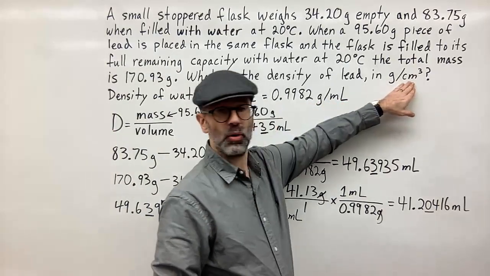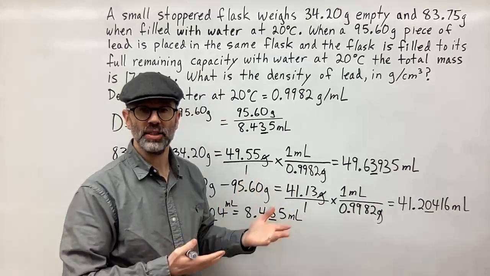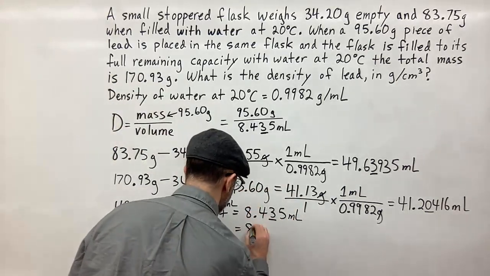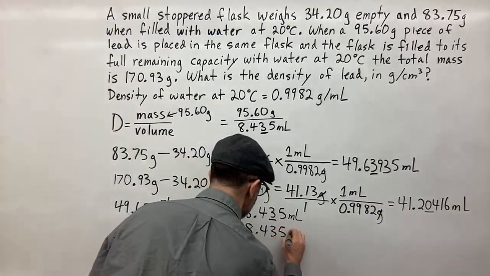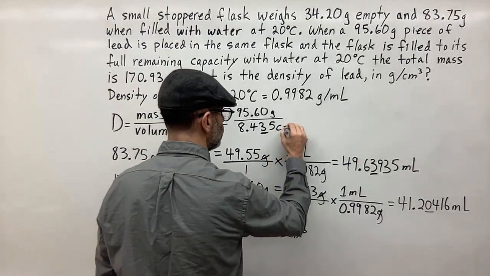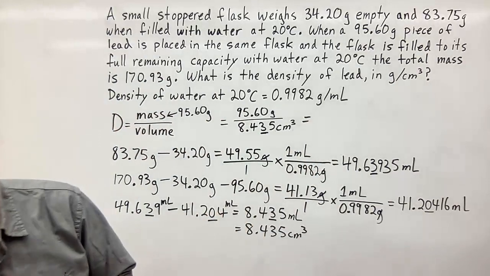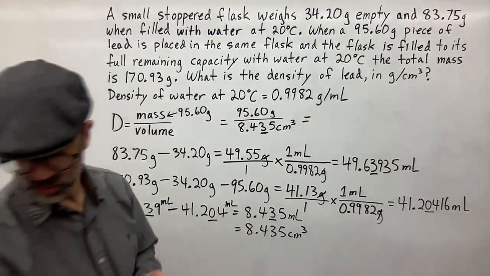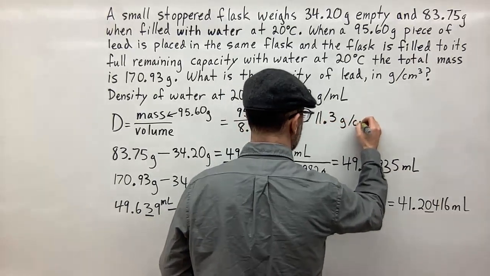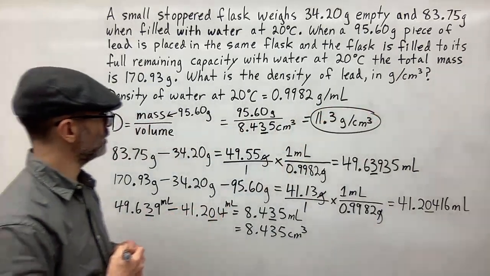So if you're wondering, well, it's asking for centimeters cubed, 1 milliliter is equal to 1 centimeter cubed. So this would be equal to 8.435 centimeters cubed. And when I calculate my answer, I get 11.3 grams per centimeter cubed. And that is the final answer.